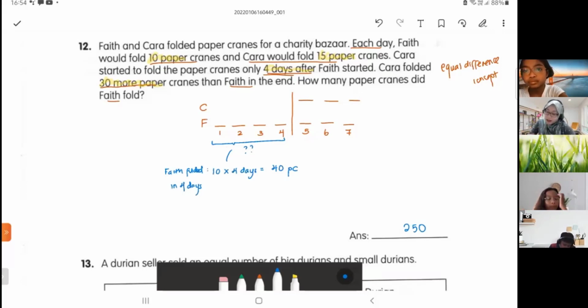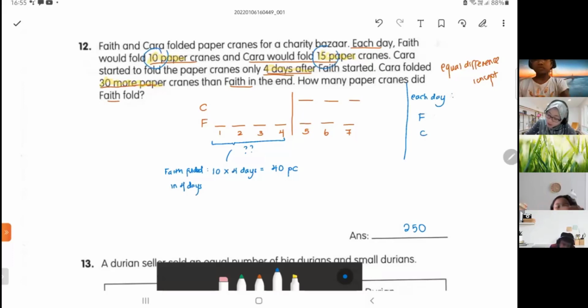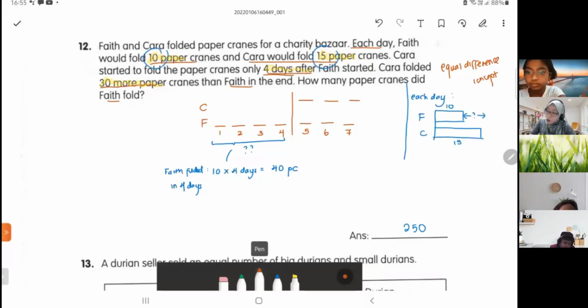I know that there is a difference between Faith and Kara's paper cranes in 1 day. Each day, this is the each day comparison. Faith folds 10, Kara folds more, 15. And there is a difference. Can you find that difference there? This is 10, this is 15. Yeah, I can find a difference, right? So this is what we call the small difference.